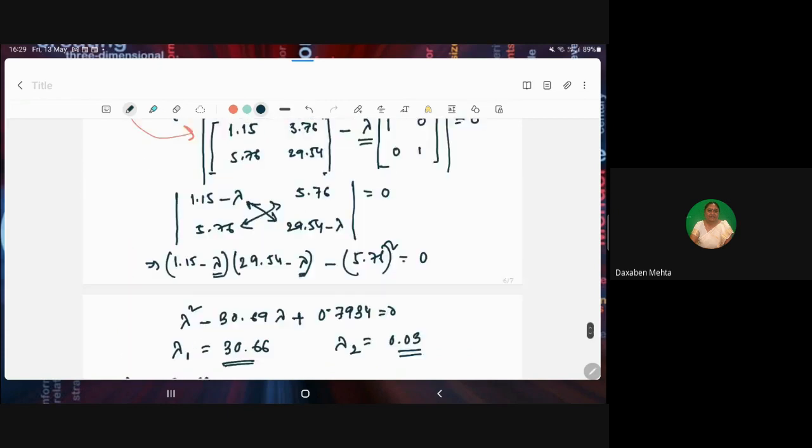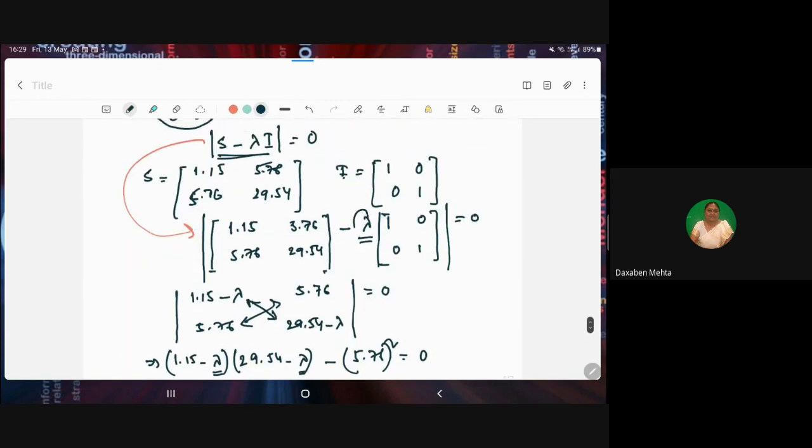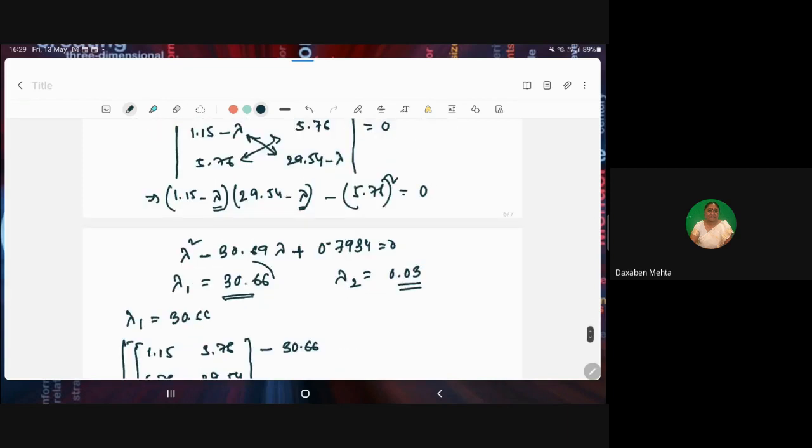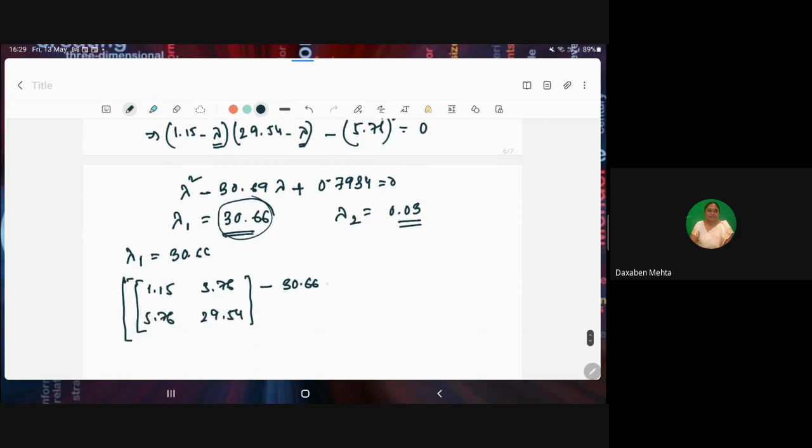That is the value of lambda 1. In place of this lambda, I put the value of the first lambda, that is 30.66, into the 1001 identity matrix, and this is multiplied by A1, we get 0.